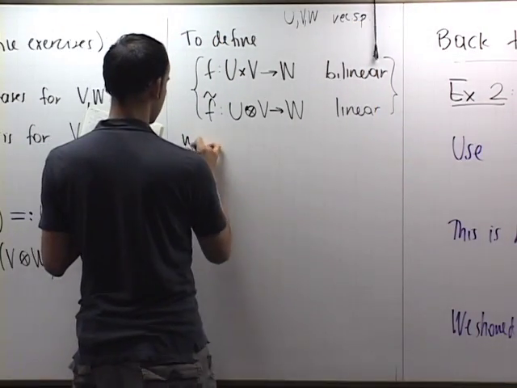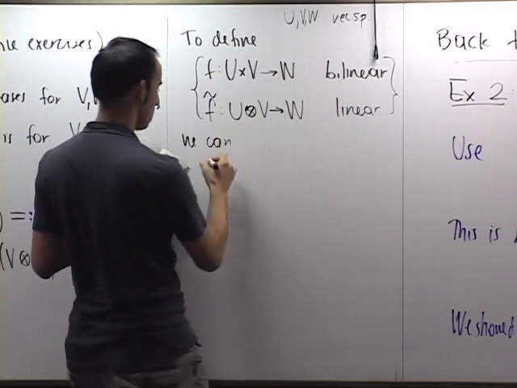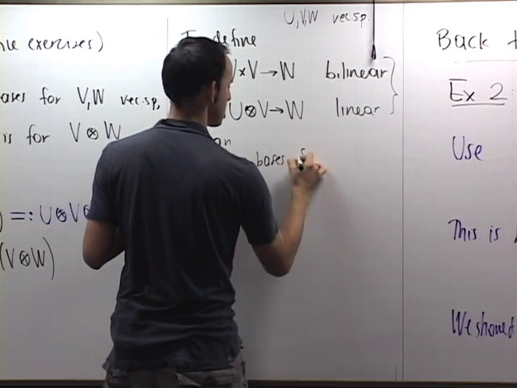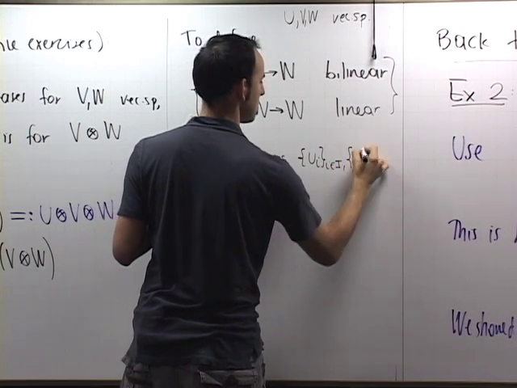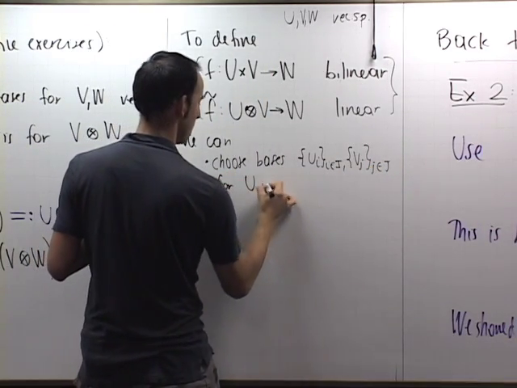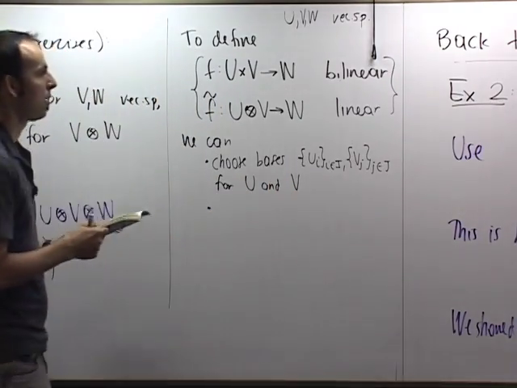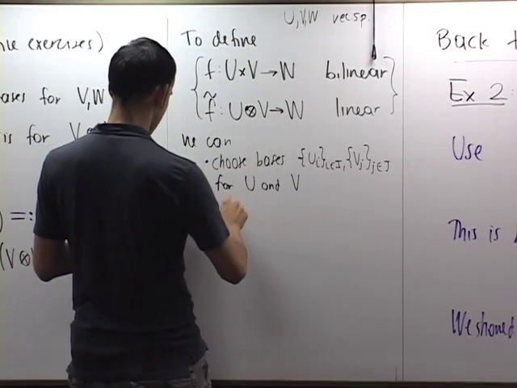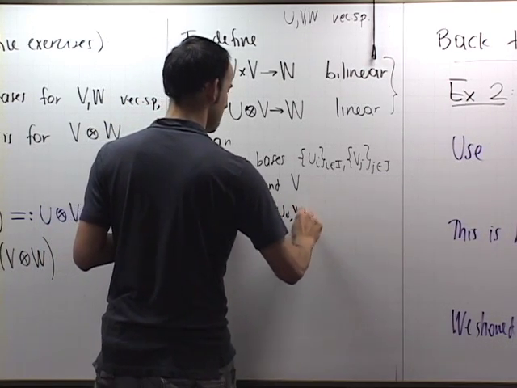One way of doing it is just to choose bases for these guys. Choose a basis u_i and v_j for U and V. Then you can define f(u_i, v_j) to be whatever you want, arbitrarily.